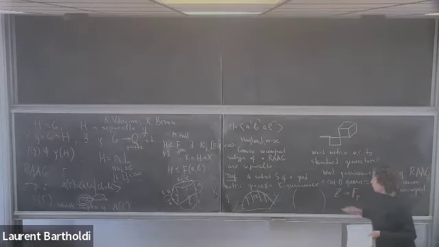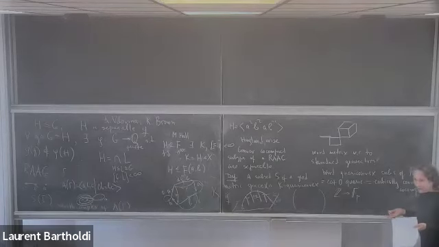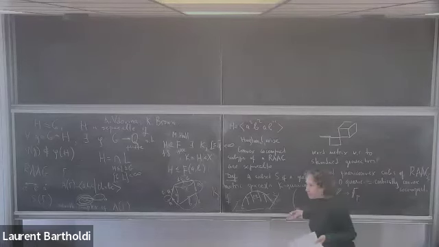Then if you don't want to kill some element, we have to choose this finite ring in such a way that the corresponding matrix is not killed.